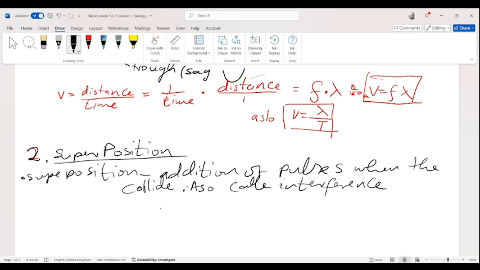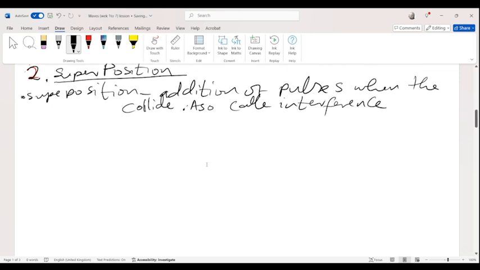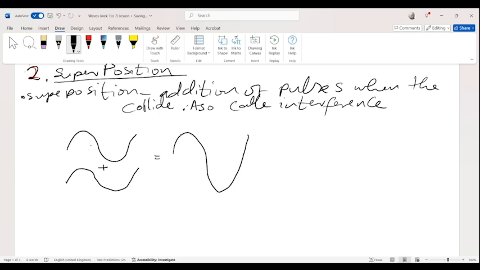Okay, there's two types of interference. If two waves are in phase, if you look at them, they are in phase, the slope and everything. If you add the two waves, you're gonna get a larger amplitude.